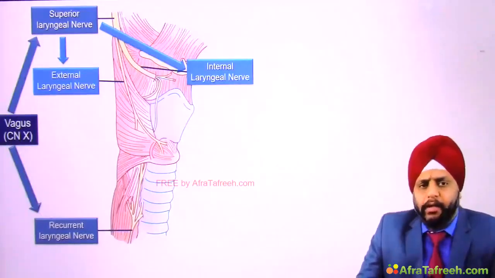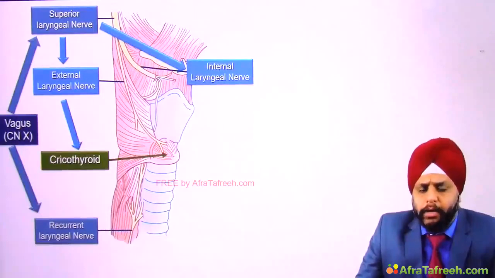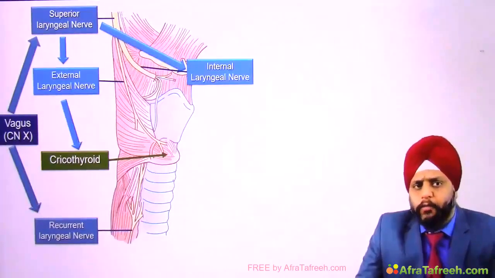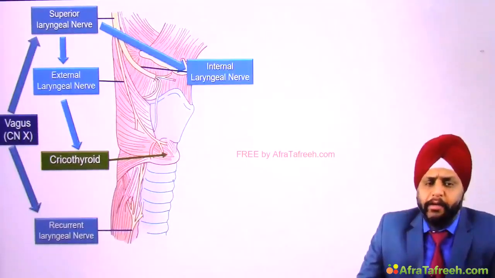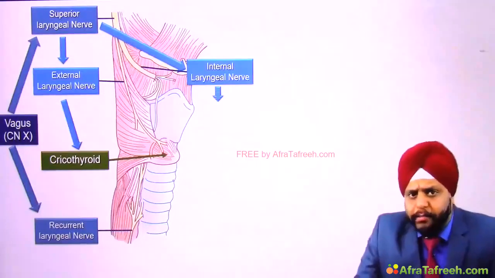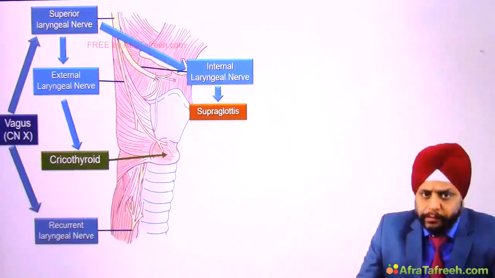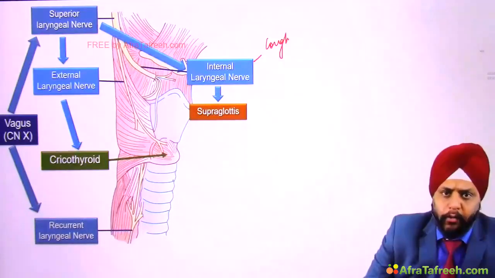Now the external laryngeal nerve stays outside and it supplies the cricothyroid muscle. Remember, it is the only muscle formed by the fourth arch and supplied by the superior laryngeal nerve. The internal laryngeal nerve goes inside the larynx and gives sensory supply to the supraglottis. Okay, so remember, we have a cough reflex over here.